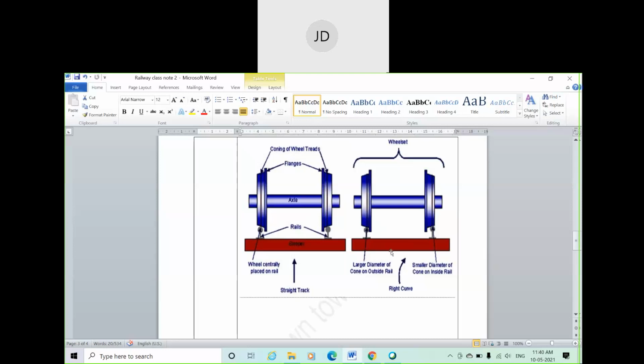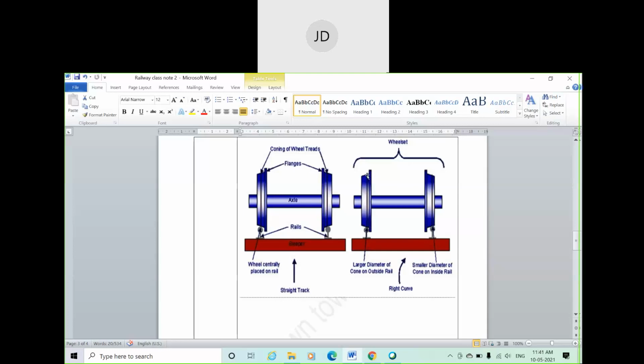Look closely. When the train is moving in the right turn, exactly at the peak turn point, if you take a photo, you can see the point of contact of the rail with the wheel is at this point.